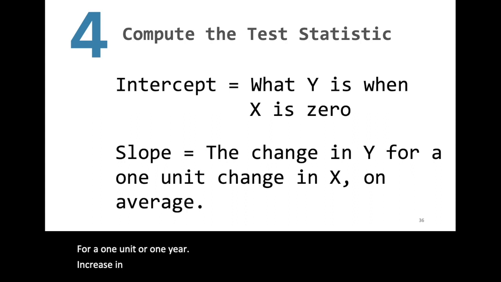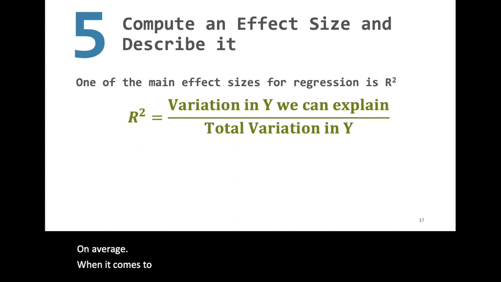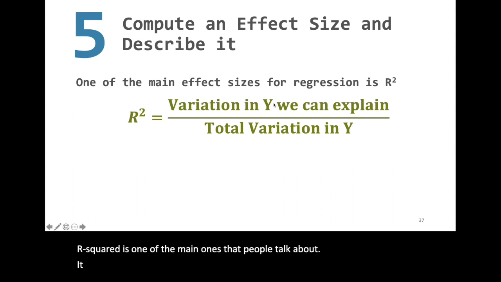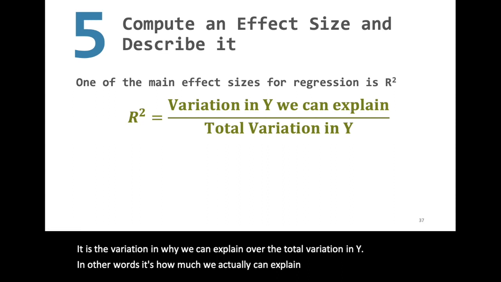When it comes to the effect size, the beta is one version of an effect size, but so is R squared. R squared is one of the main ones that people talk about. It is the variation in y we can explain over the total variation in y. In other words, it's how much we actually can explain with our predictors.